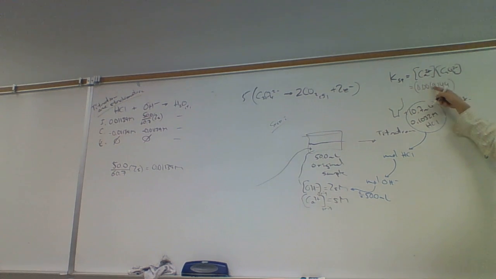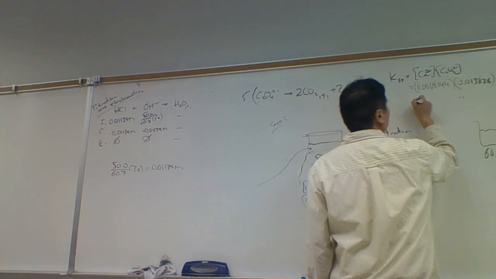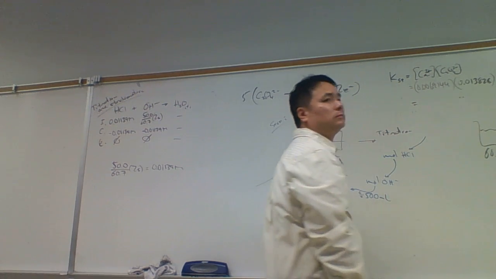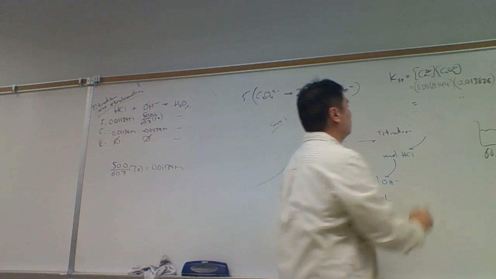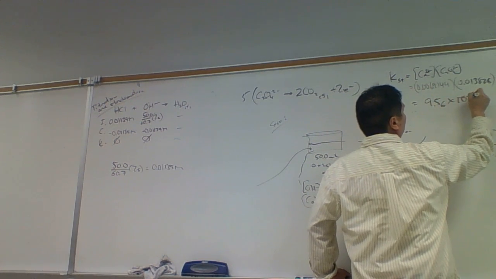That's the calcium concentration, and double that for the hydroxide, 0.013828. Then just multiply those together. And what do we get? 9.56 times 10 to the negative 5.